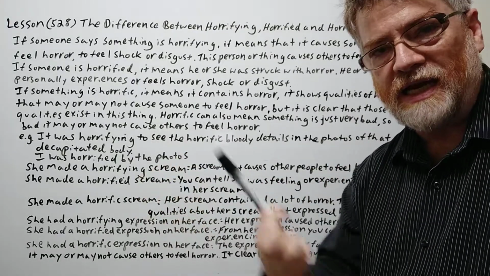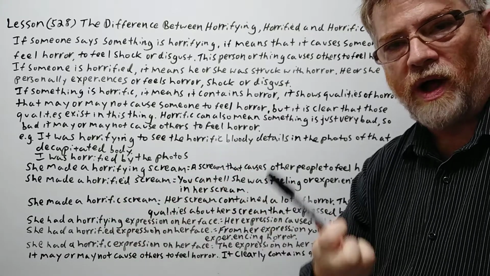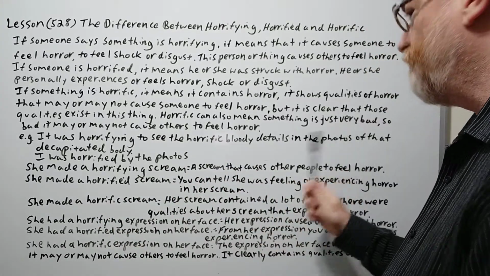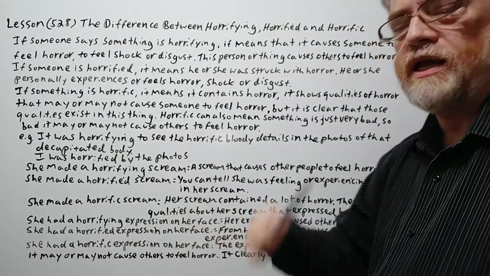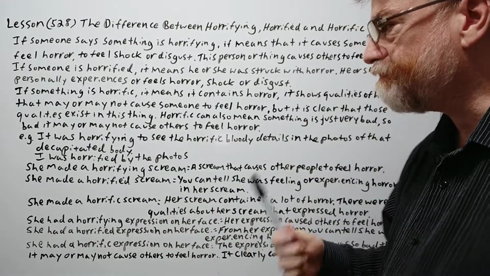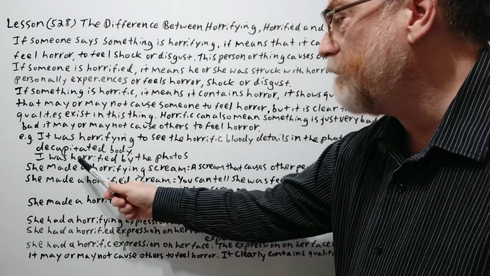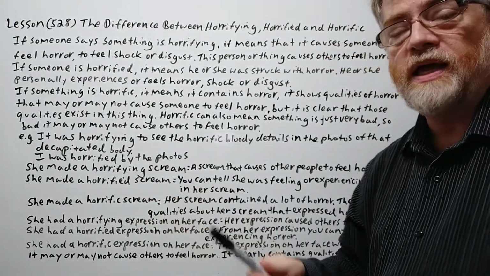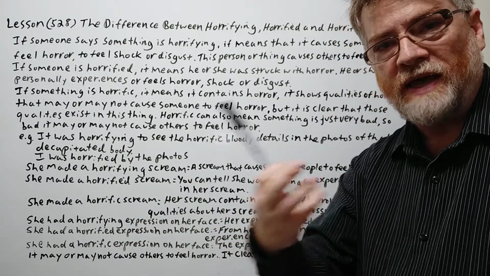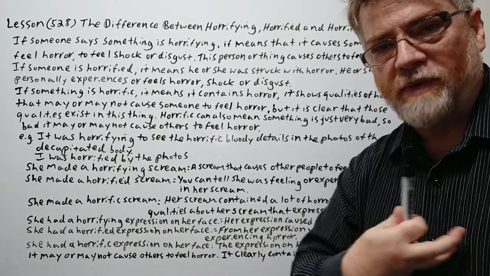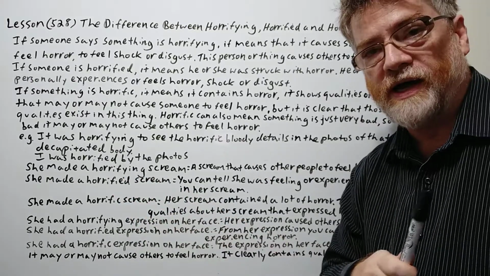They contain a lot of horror. They contain qualities of horror. In the photos of that decapitated body, the body with its head cut off. And here we could say I was horrified by the photo. So you personally felt the horror. You were struck by the horror, so you were horrified.